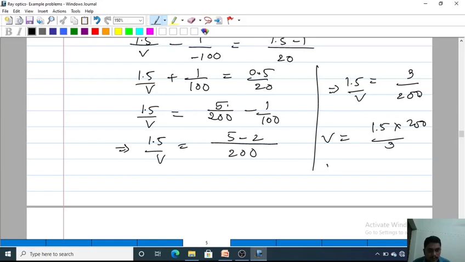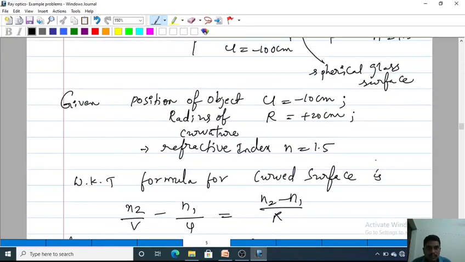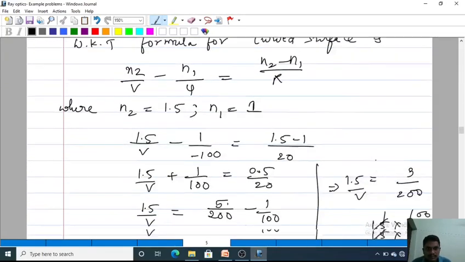Okay, so v equals, 1.5 2s are 3, so we get v equals 2 1s are 2, 100, v equals 100 centimeters. The image distance is 100 centimeters.